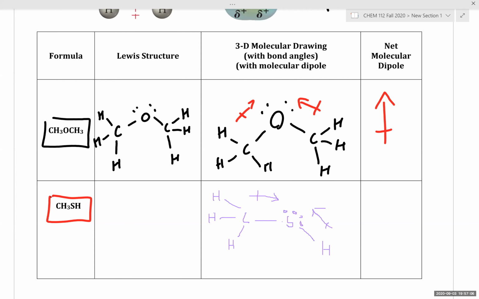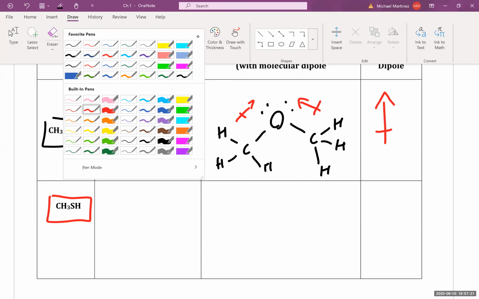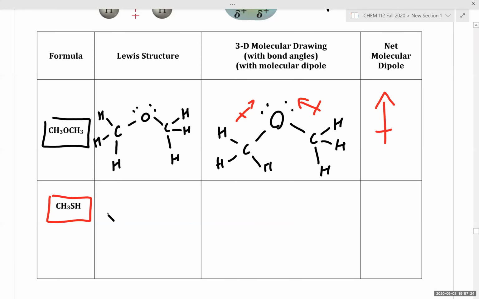Perfect. So I'm going to clear this response and then we'll write out the instructor solution. The Lewis structure for this molecule looks like so. This is known as methane thiol.